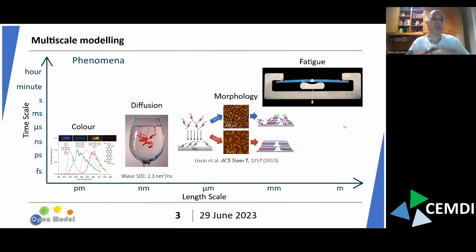matter exhibits different properties at different length and time scales. Here is an example of phenomena that you are familiar with. If you witness the color of molecules, you're basically seeing electronic transitions, so the interaction between light and matter at the time scale of femtoseconds.